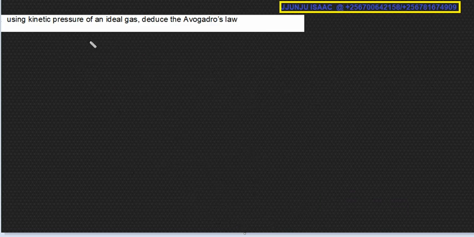So let us start from the kinetic pressure. Kinetic pressure is given by a third times the number of molecules times the mass divided by the volume times speed squared, and this is the mean speed. So we are going to consider two gases.